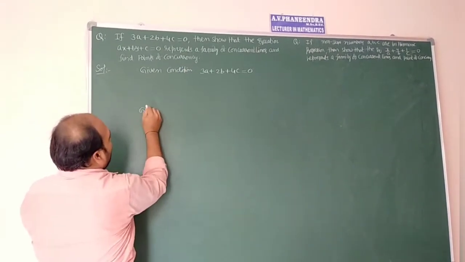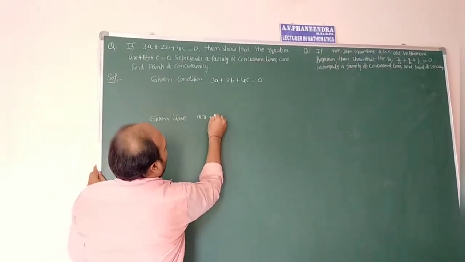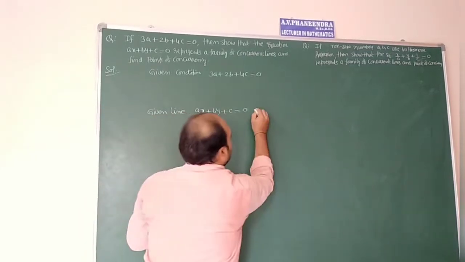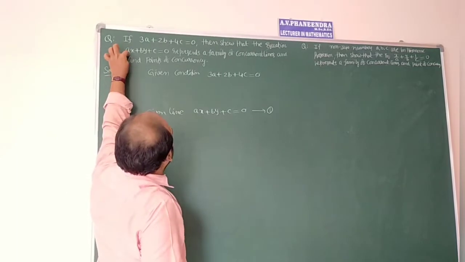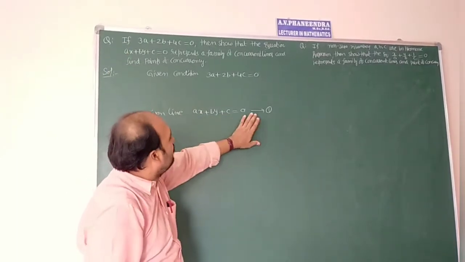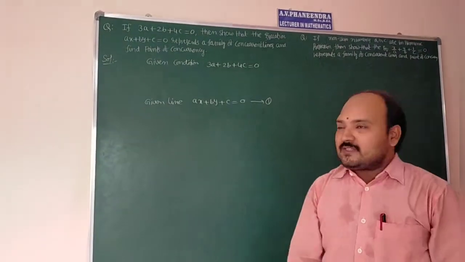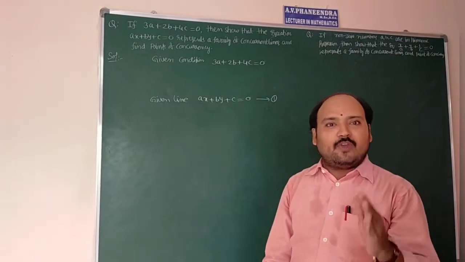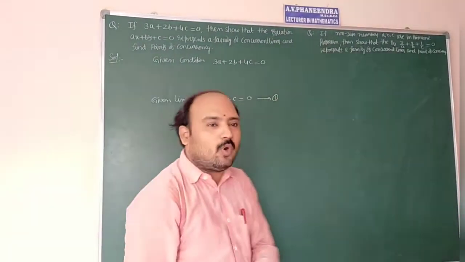And the given line ax plus by plus c is equal to 0, equation number 1. What they are asking: this equation ax plus by plus c equal to 0 represents a family of concurrent lines. That means this equation you are going to write in the form of L1 plus lambda L2 equal to 0. That is what we have to do.